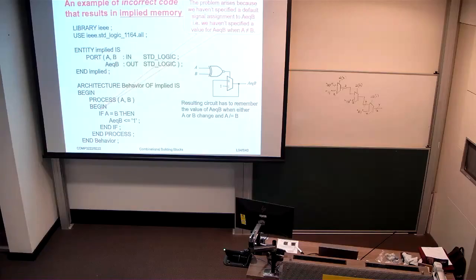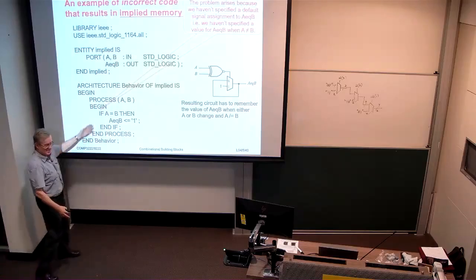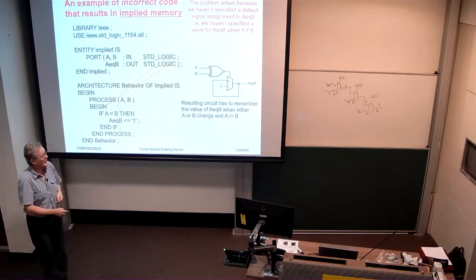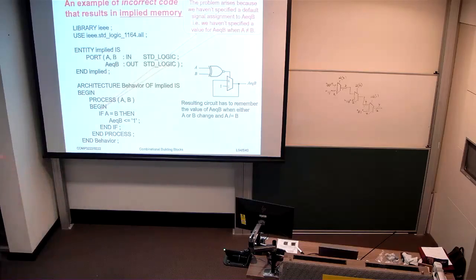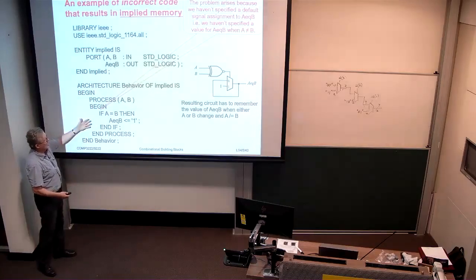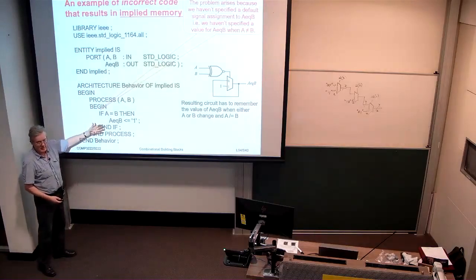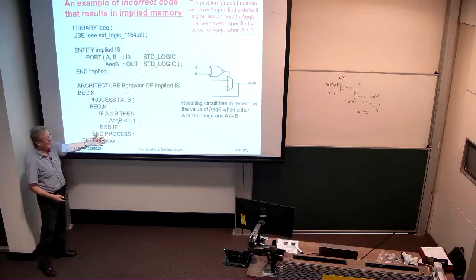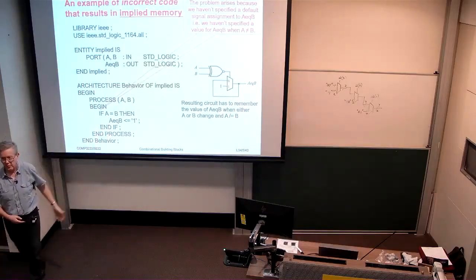And once it's become 1, it's going to stay 1 forever, right? Again, probably not a very good reason to have a process. But this is one of the hazards you need to be aware of with your use of processes, that you always need to make an assignment to every output within the process, irrespective of what execution path is taken through that process.